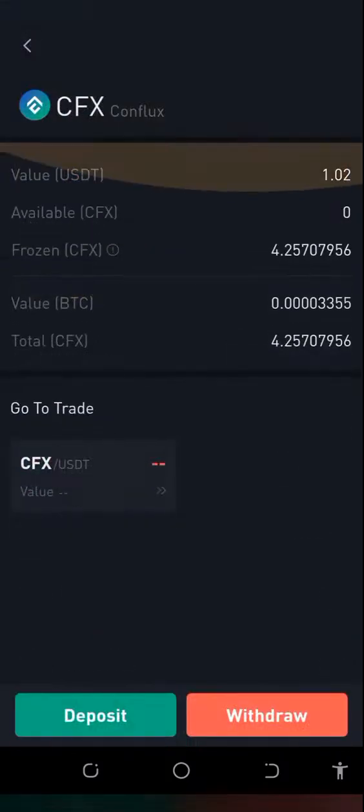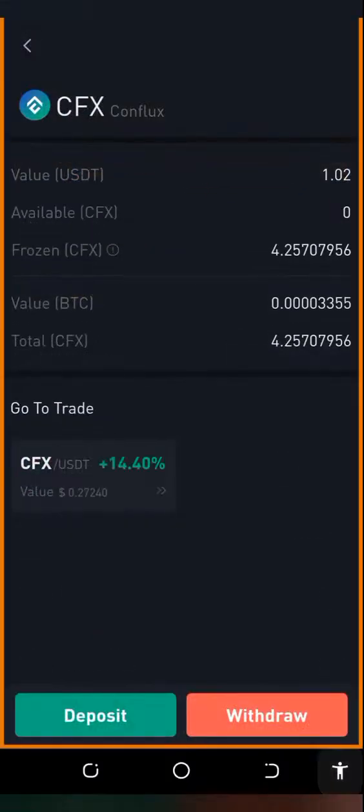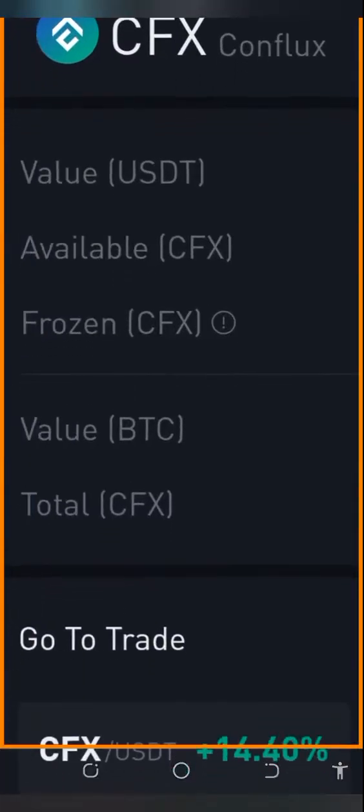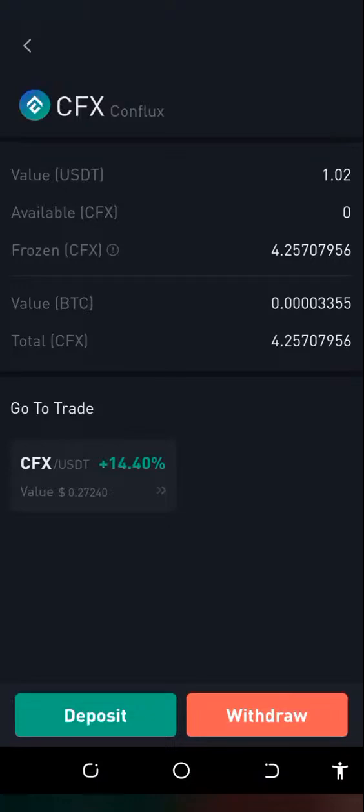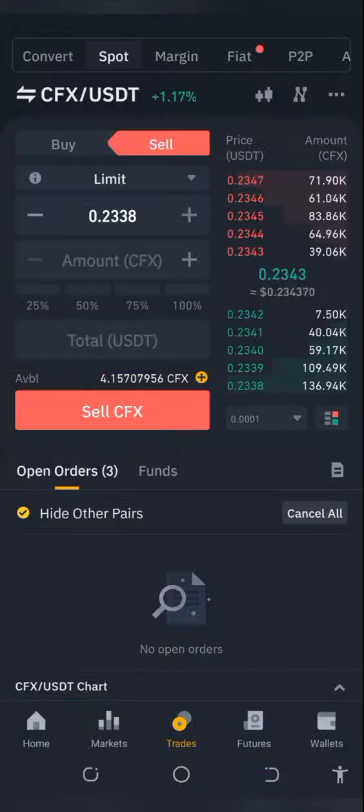Let's see. Okay. See what it says? Frozen. Frozen means it's on its way out. Okay, let's just hold on and see. We'll see it on the other side when it arrives in Binance. And then we'll change it back eventually to see what the value of our $1 became. Okay, see you shortly.